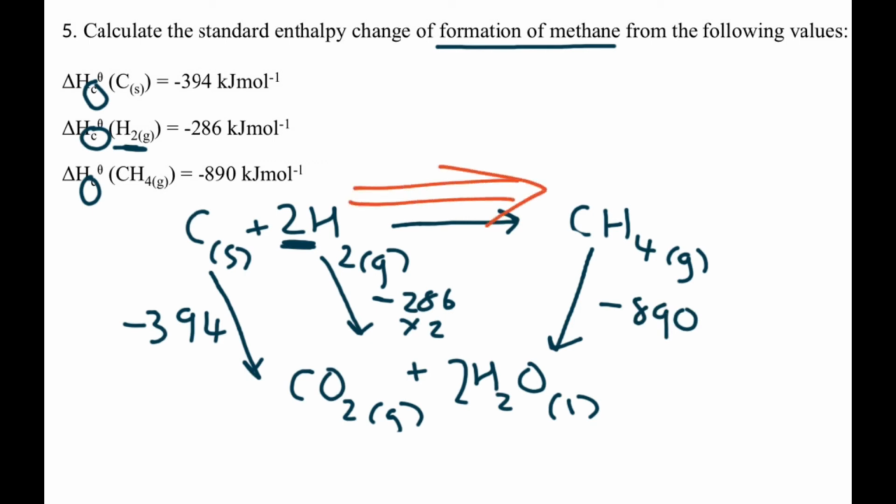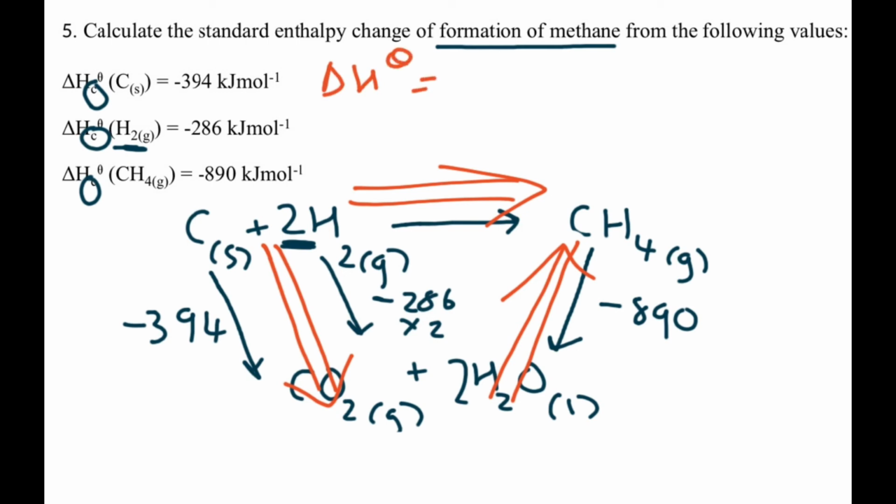So now we're going to apply Hess's law. This is what we're trying to find. We're going to start here, go down the reactants, and go up the products. So for the standard enthalpy change of formation of methane, we're going to go down the red arrow.